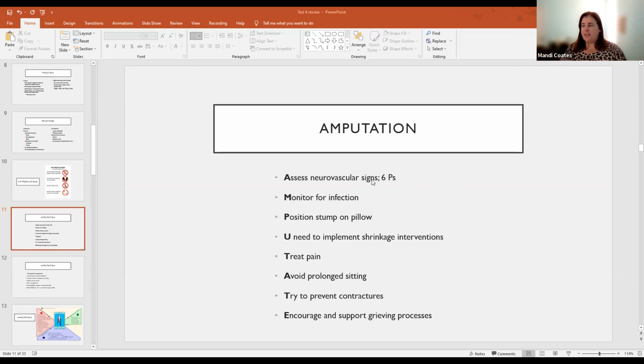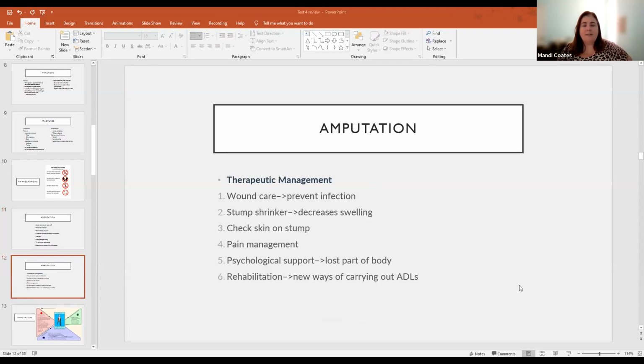Implement shrinkage interventions. That's going to be your figure 8 ACE bandage on the end of that stump. Pain management. Again, avoiding that prolonged sitting is preventing those contractures in the hip. And again, that's why we're doing the prone positioning, and encourage and support during that grieving process.